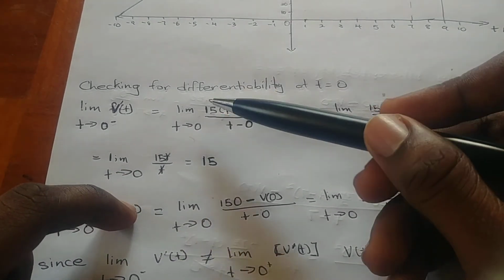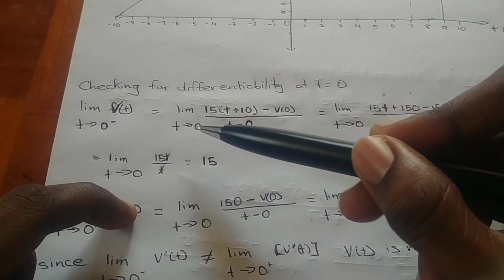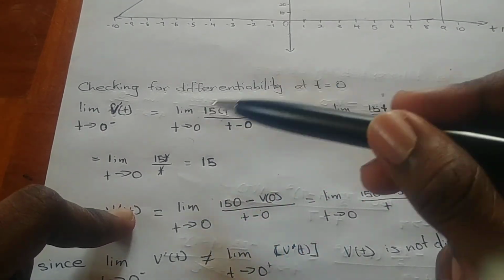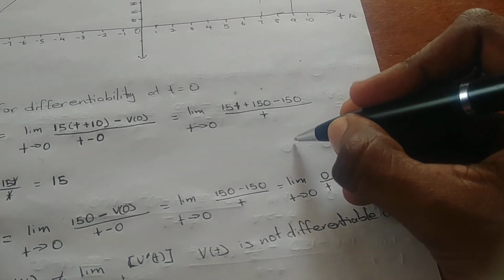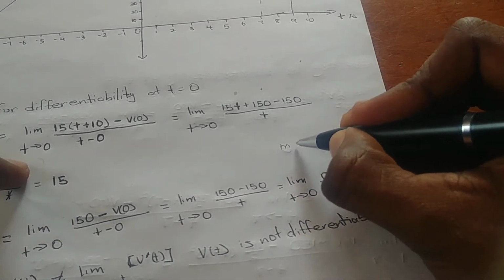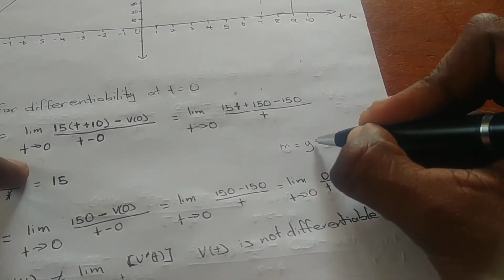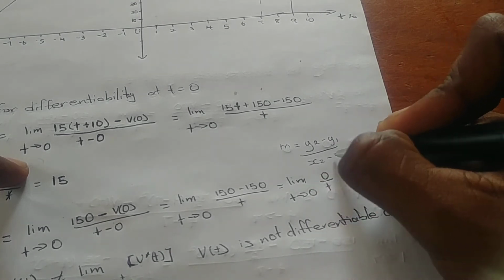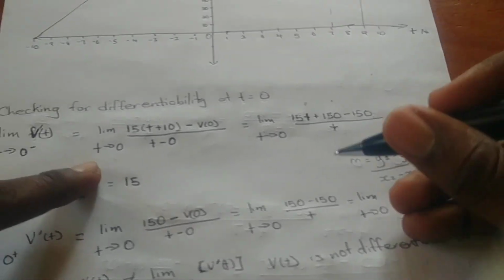Now this seems confusing and it seems that I got it from nowhere, but this is actually the equation of gradient. Remember, gradient is equal to, let me write it there, y2 minus y1 over x2 minus x1.